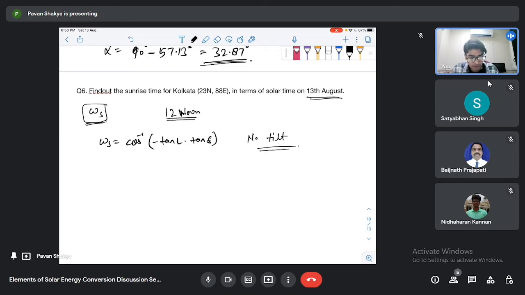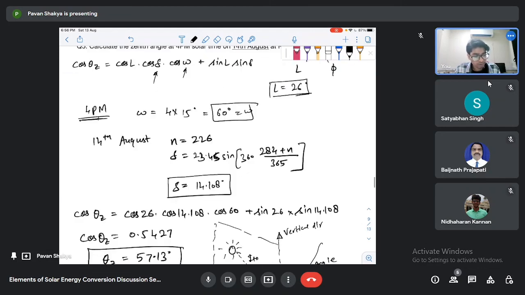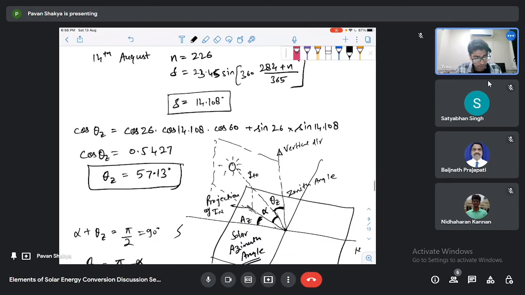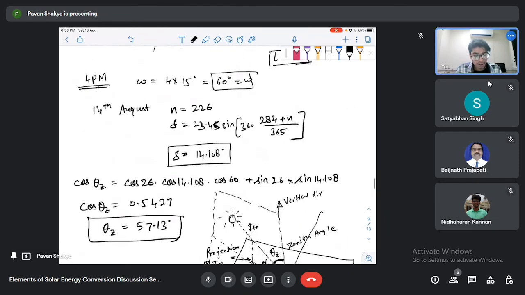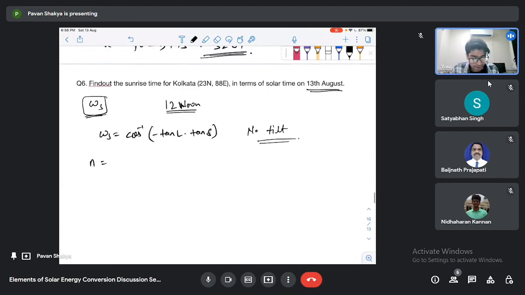For 13th August the n value will be less than 1 from the above problem, 14th August. For 14th August the n value is 226, so for 13th August it will be 225. I'm not calculating it again and again, that is why I have taken it from above.